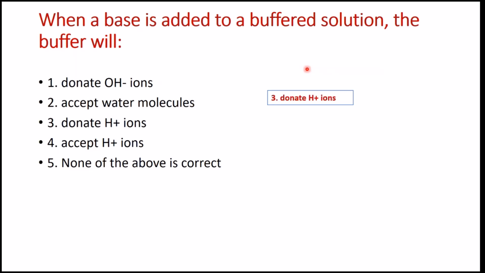The buffer will donate hydrogen ions because buffers are designed to resist changes in pH. So when a base is added to a buffer solution, the buffer will work to neutralize the added base by donating hydrogen ions to react with the hydroxide ions from the base, maintaining the pH of the solution. This keeps the solution relatively stable.